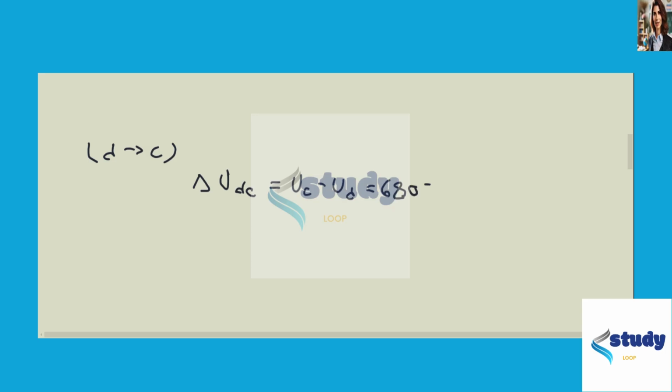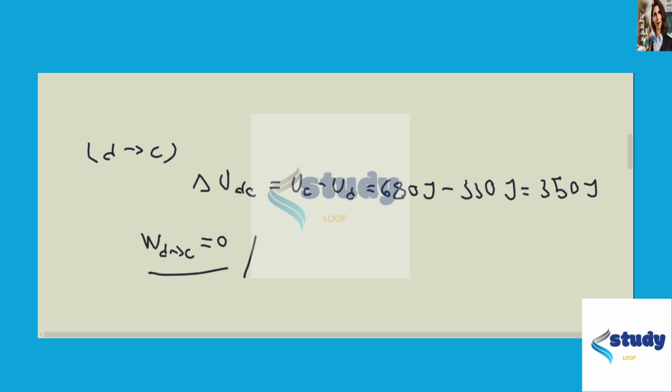This is 680 joules minus 330 joules, and this equals 350 joules. From the diagram, we can observe that the work done from D to C is equal to 0.